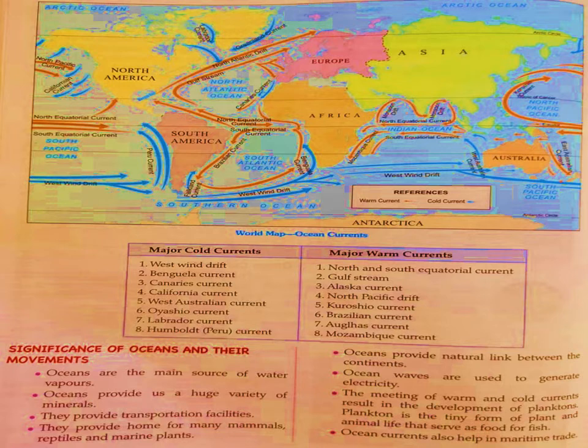These warm currents originate near the equator, and the cold currents originate near the poles and flow towards equatorial regions, which you can see here in the map.